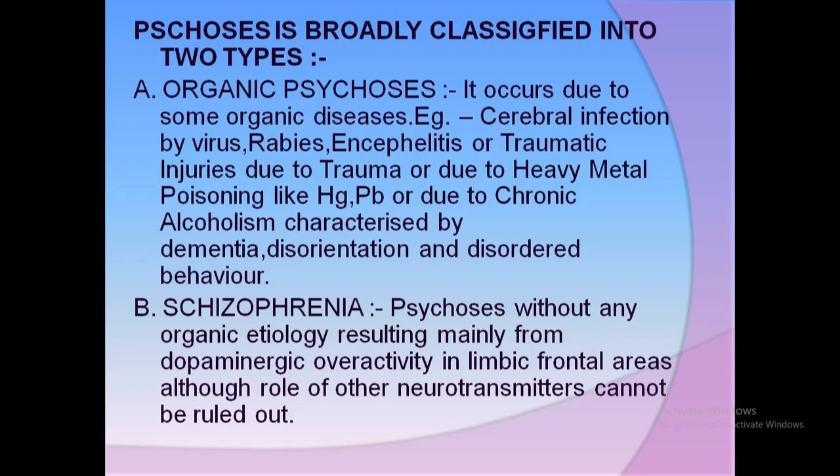Organic psychosis, it occurs due to some organic diseases. Example: cerebral infection by virus, rabies, encephalitis, or traumatic injuries due to trauma or due to heavy metal poisonings like mercury, lead, or due to chronic alcoholism characterized by dementia, disorientation, and disordered behavior.